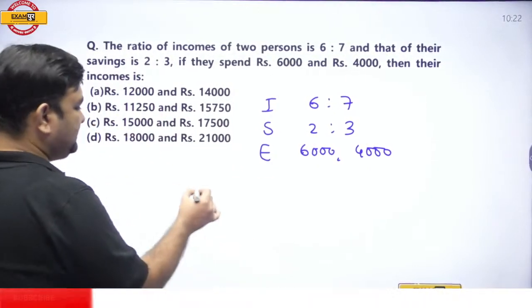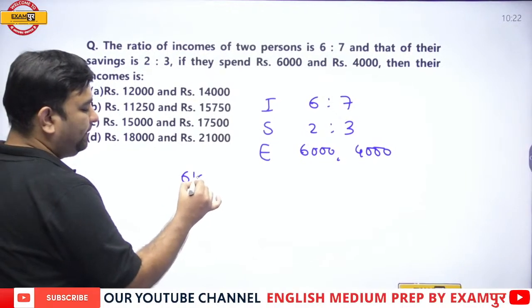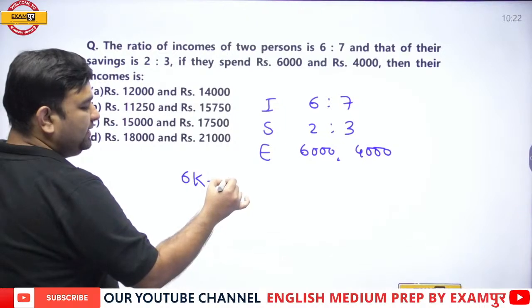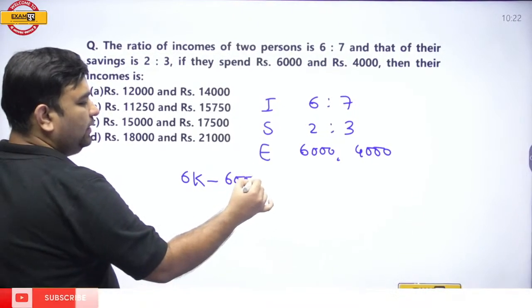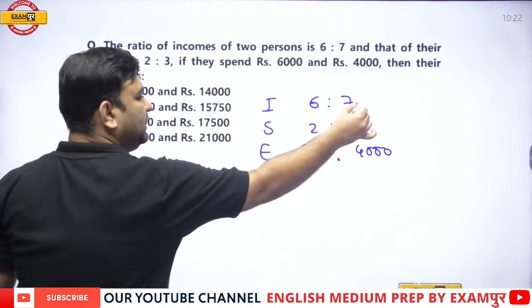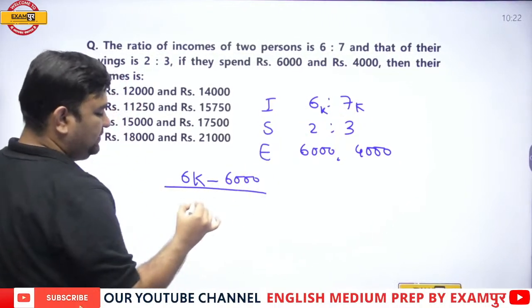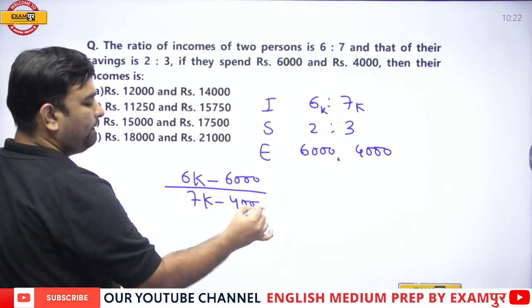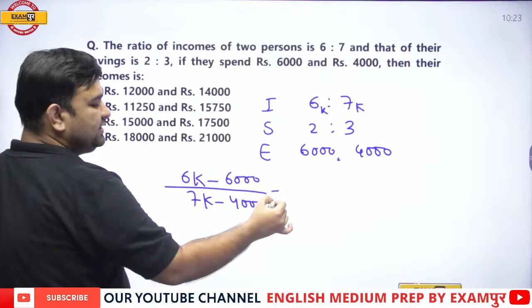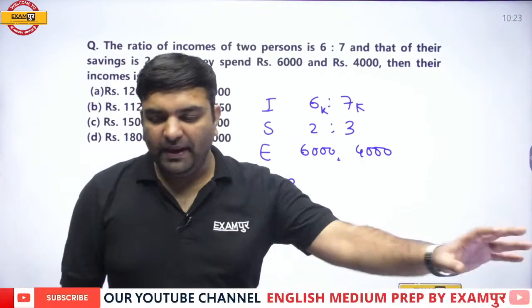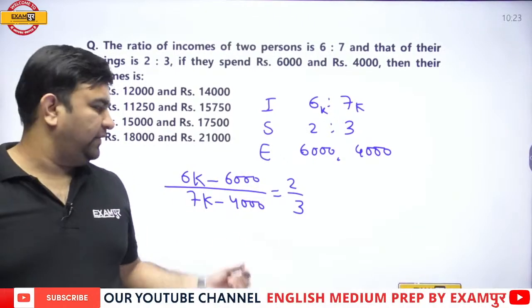If you go for the basics, assume the income as 6K. Income minus expenditure gives the saving.